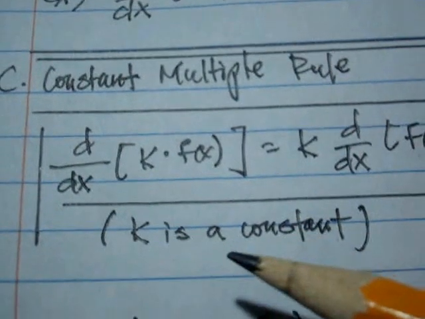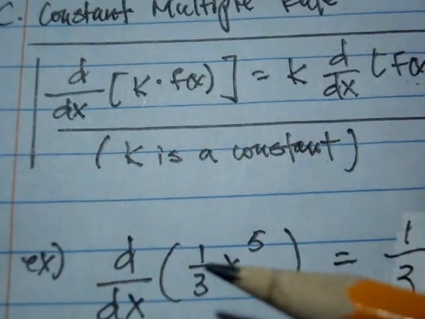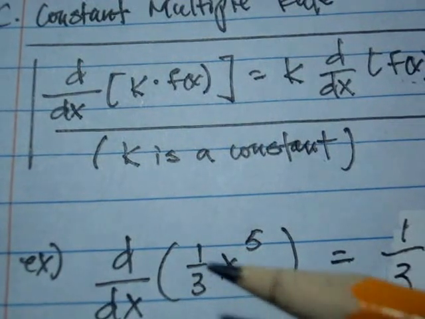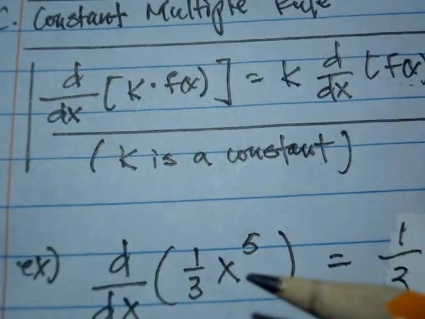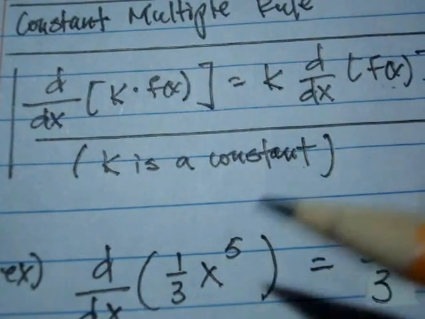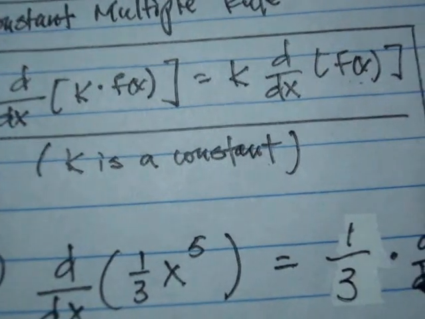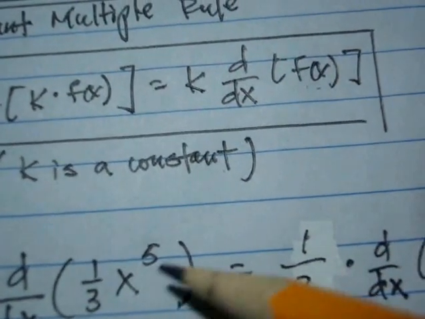For instance, let's say that you need to take the derivative of 1/3 times x to the fifth. To take this derivative, you take out the 1/3 and you multiply by the derivative of x to the fifth.